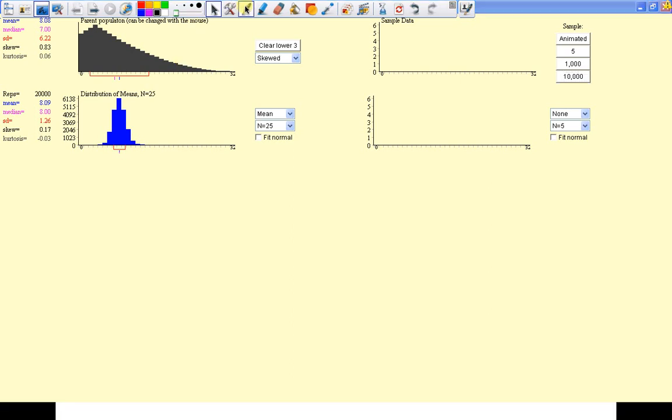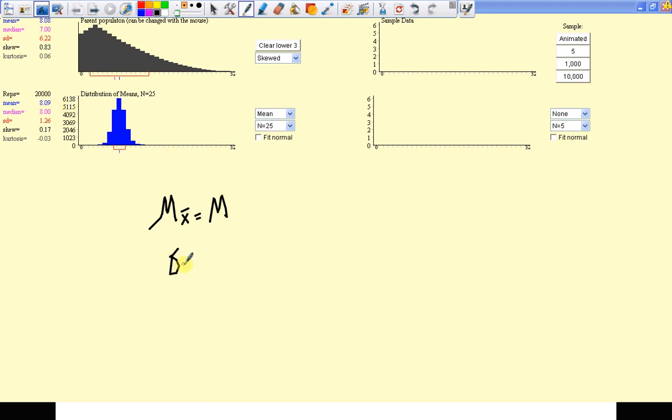Okay. So let's back up and see what we have here. We know that the mean of the x bars is equal to the mean of the population, 8.08. The more reps we do, the closer it's going to be, but they're the same thing.